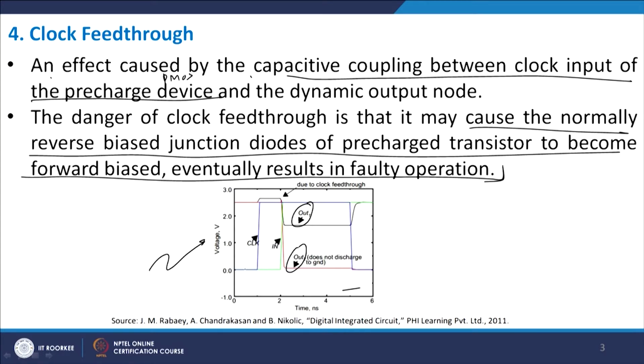When you have the evaluation phase, clock is low and your output is basically high, right. Which is perfectly fine as far as understanding of dynamic logic is concerned: when your clock input is low, your output is basically high, and this is what you are getting here.